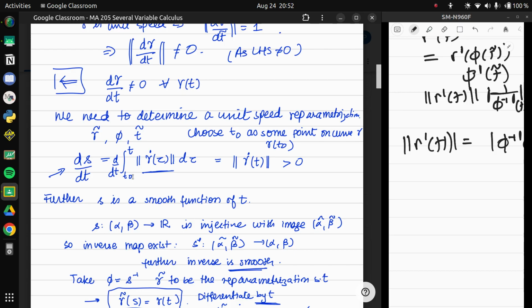What about the direction? Well, it doesn't matter, right? Because your parameterization sets it, so the direction will be the same in any case.